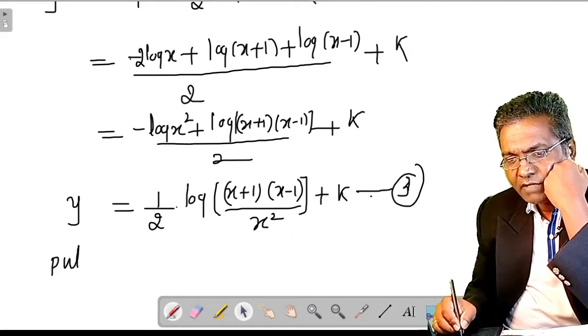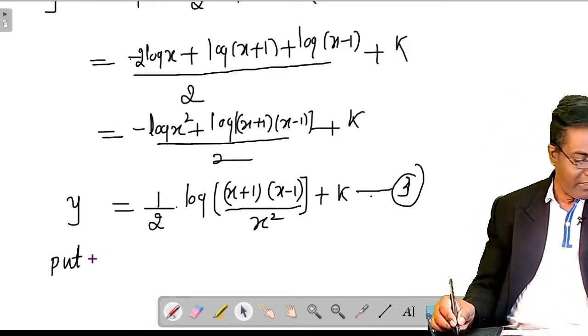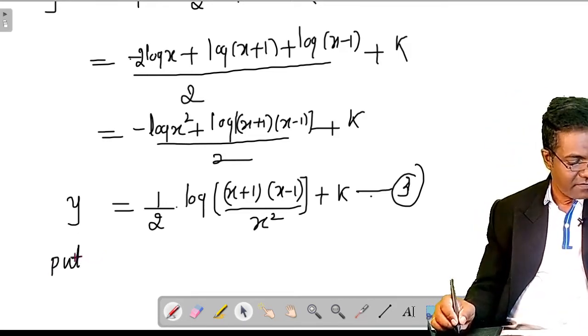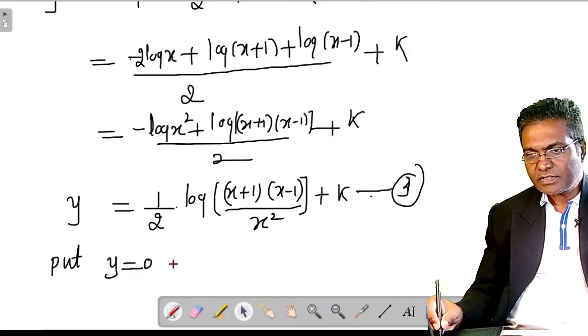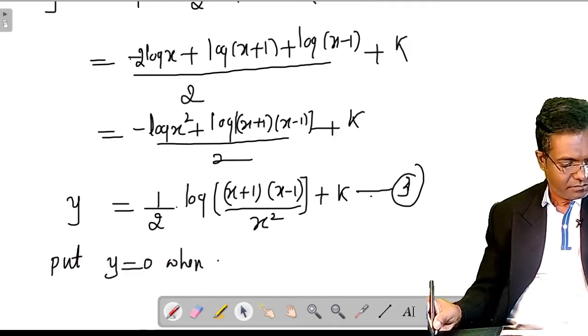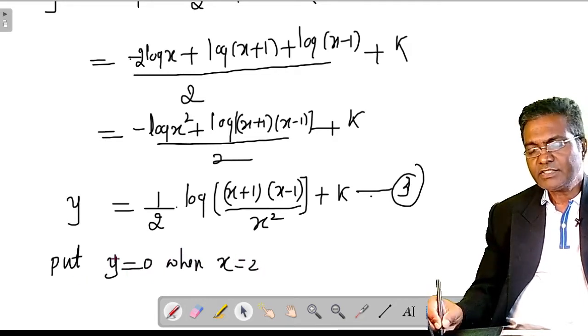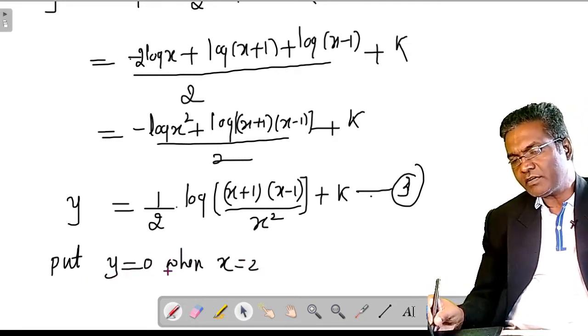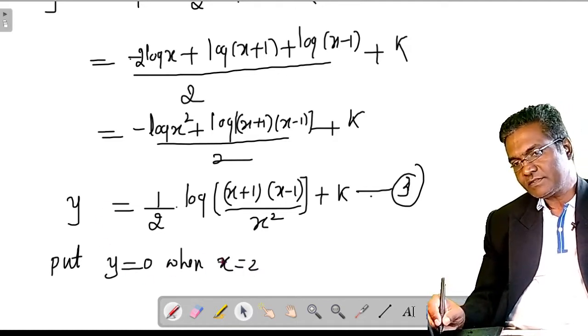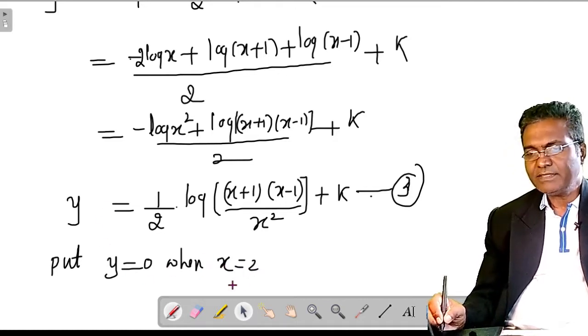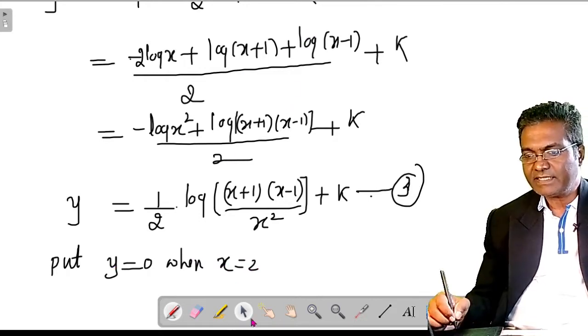Now you have to put the given conditions to find the value of k. So you are given y equal to 0 when x is 2. You are given the initial condition y equal to 0 when x equal to 2. So put this in this. So what will happen? Just see. Okay, so let me copy this first.